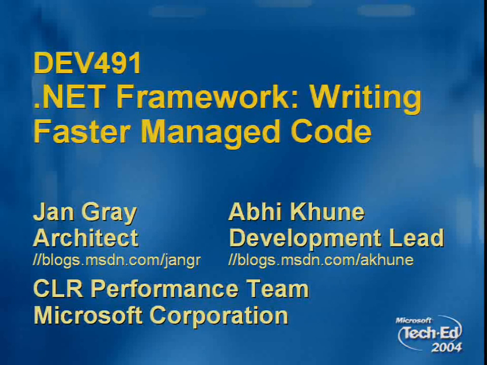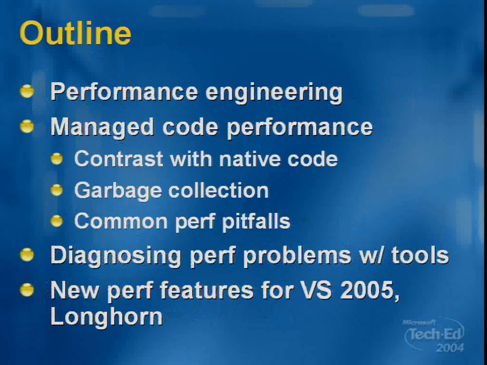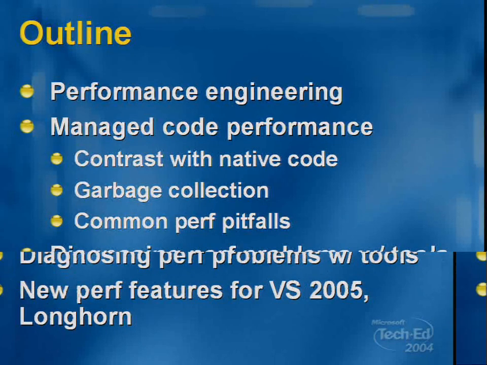Because we got a lot to cover in about 70 minutes, there'll be places in the talk where we refer you off to a white paper or a blog or a tutorial. So here's the outline of the talk. The first couple of slides will talk about performance engineering in general. Then we'll have several slides that motivate the move to managed code and talk about how managed code performance differs from native code performance.